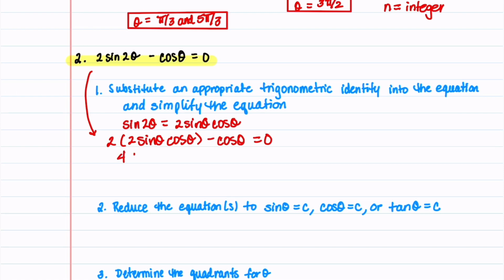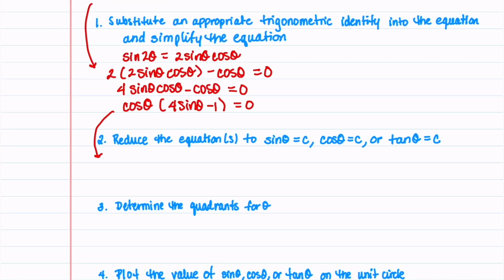This is 4 sine theta cosine theta minus cosine theta is equal to 0. We see that we can factor out a cosine theta, and we're left with 4 sine theta minus 1 is equal to 0.